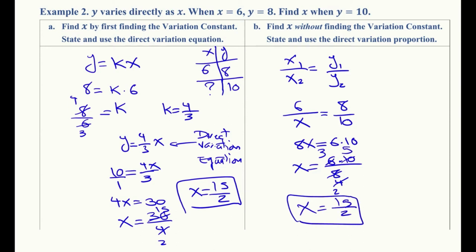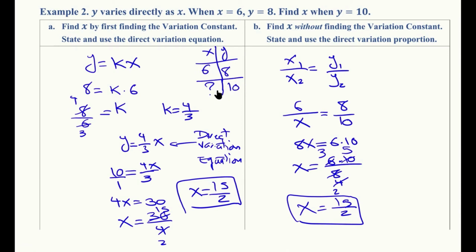We expected that. But notice the other method is where you have to find k first, and then go find whichever value you're looking for. Here, all we do is use this ratio and set up this proportion with these two ratios from the table. x1 is to x2 as y1 is to y2.